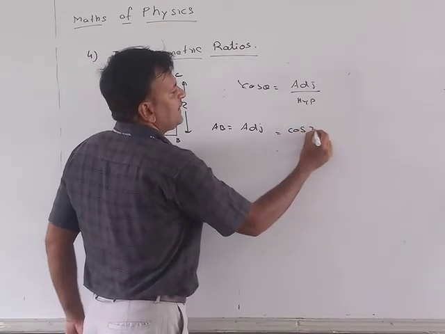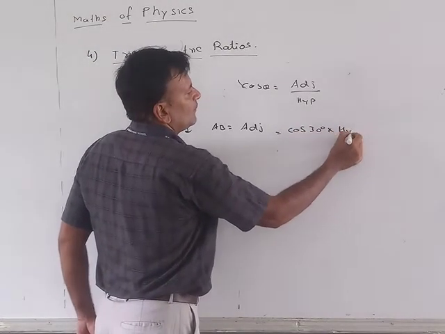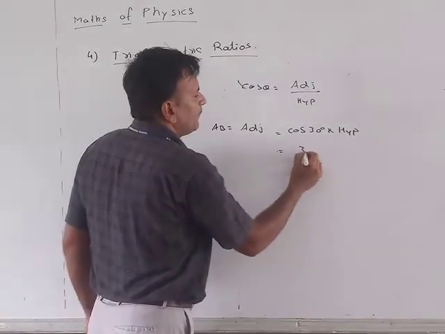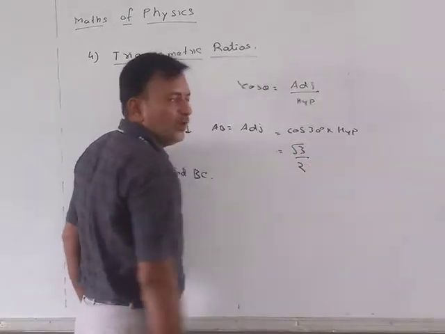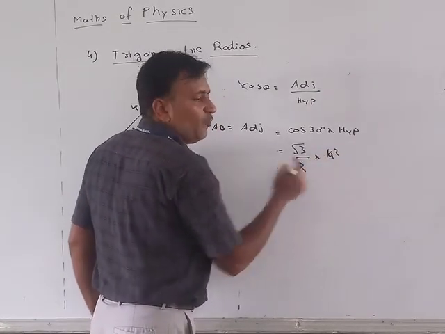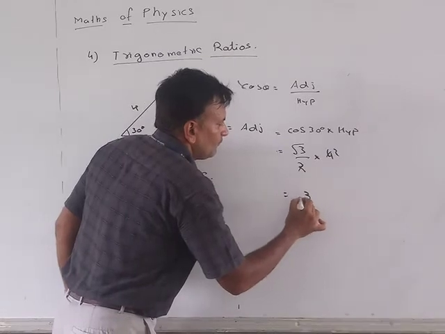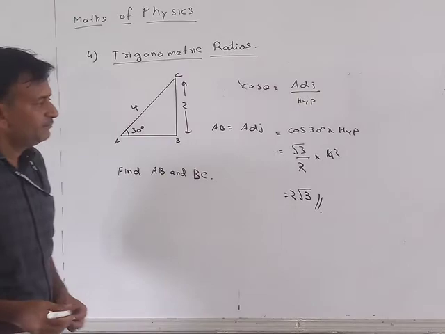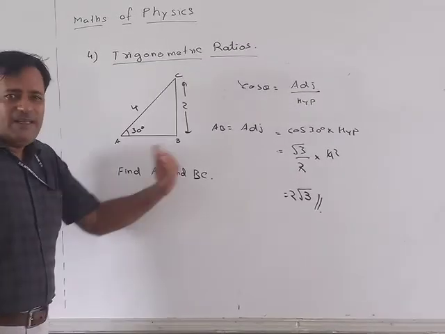It will be cos 30 into the hypotenuse. The value of cos 30 is root 3 over 2. Hypotenuse is 4. Cancel this. What do you get? 2 root 3. Very simple way.